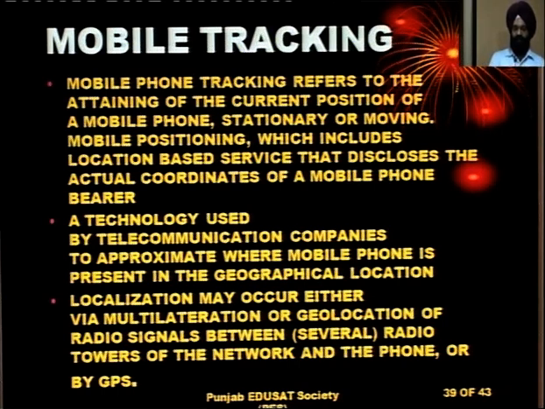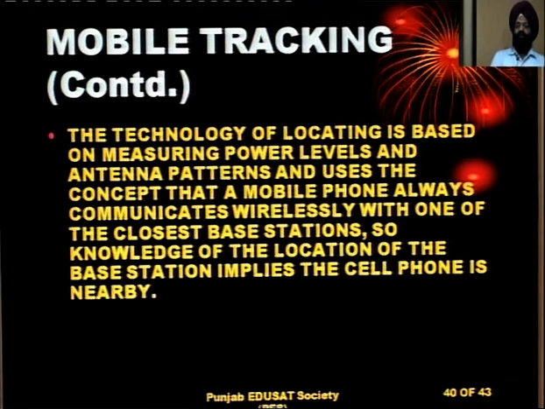Localization may occur either via multilateration or geolocation of radio signals between several radio towers of the network and the phone, or by GPS. The technology of locating is based on measuring power levels and antenna pattern and uses the concept that a mobile phone always communicates wirelessly with one of the closest base stations.